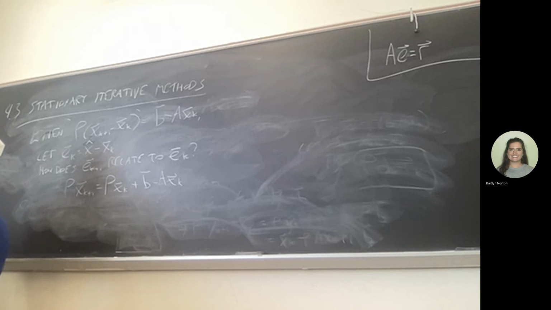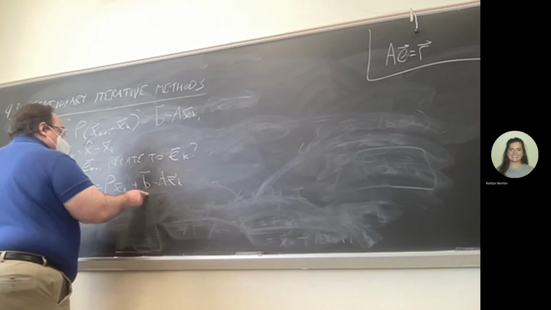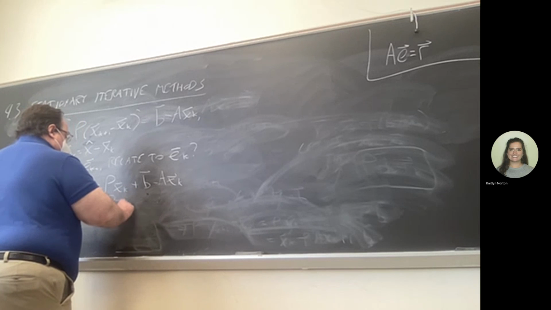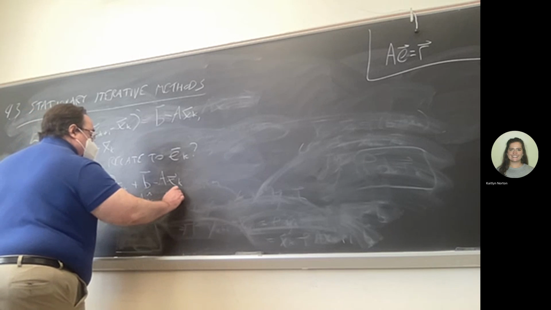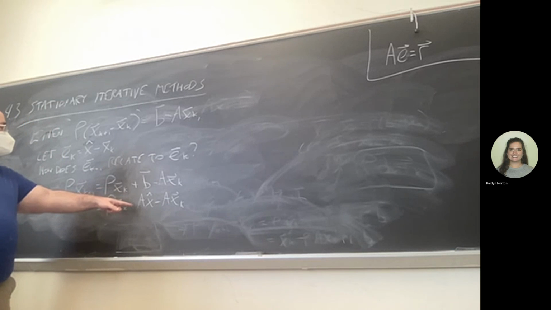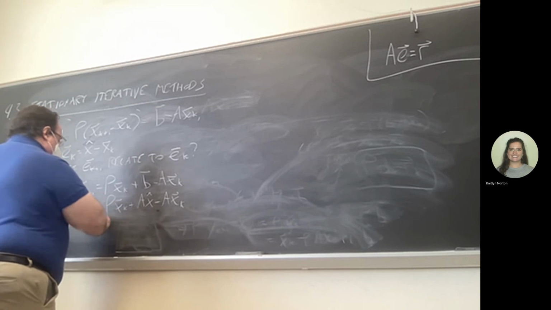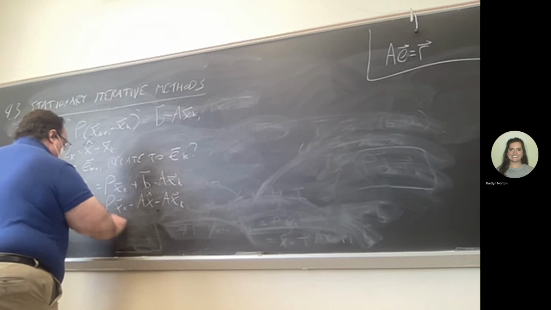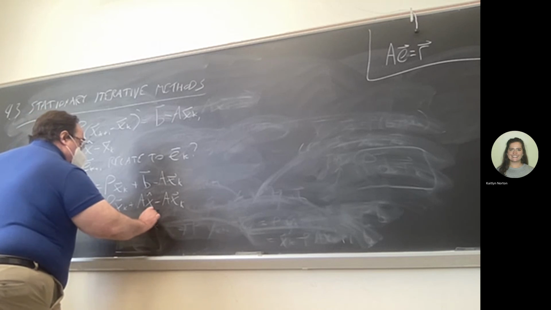For that purpose, for one thing, b is equal to A x hat. So now what I have here is A times (x hat − xk). So now I have A ek.